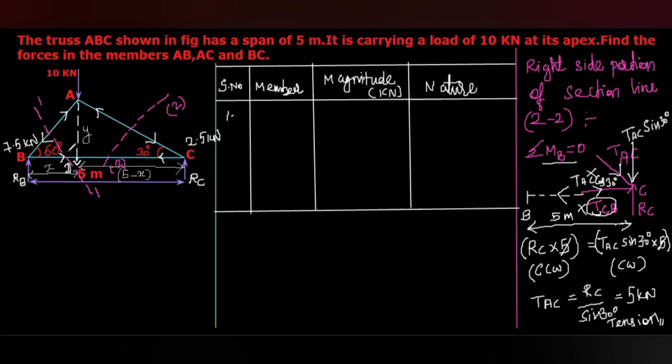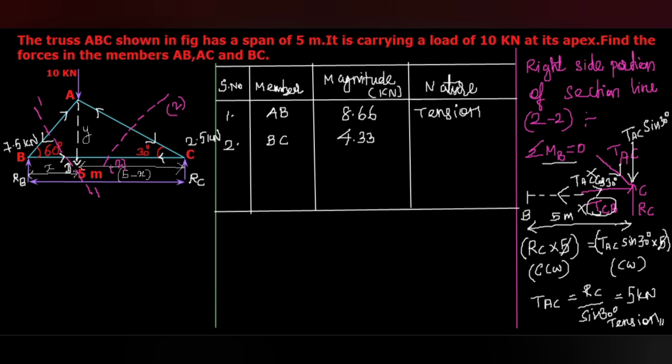First one, the member AB. The magnitude that we calculated as 8.66. From this you can see it tends to pull the member AB, so that's why this will be tension, or tensile in nature. The second member, that is BC. From the calculation, we got the value 4.33 kilonewton.